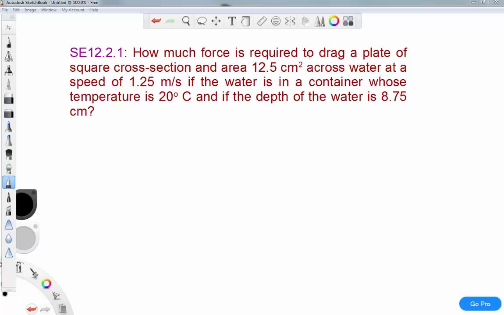So we're trying to figure out how much force is required to drag a plate given the plate's cross-sectional area, given the speed that we're dragging it at, and given that we're dragging it through water with a known depth.